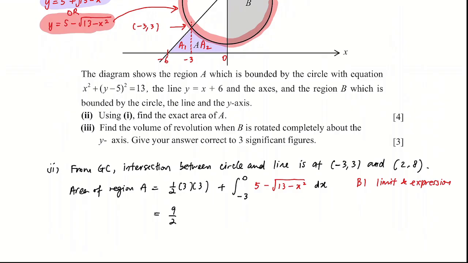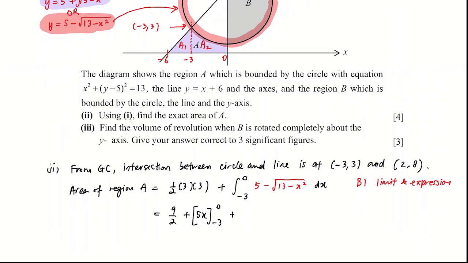Integrating 5 will give me x, from -3 to 0. Now integrating this one over here, from the earlier part, we actually have this plus, sorry, this one over here is 5x.